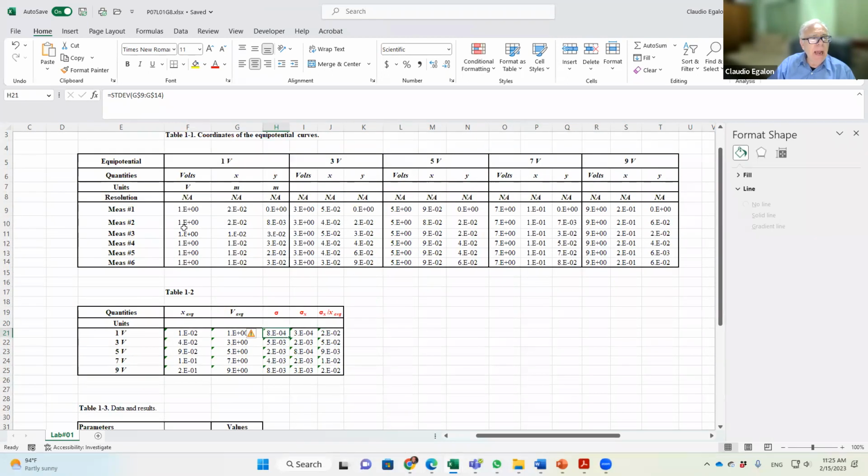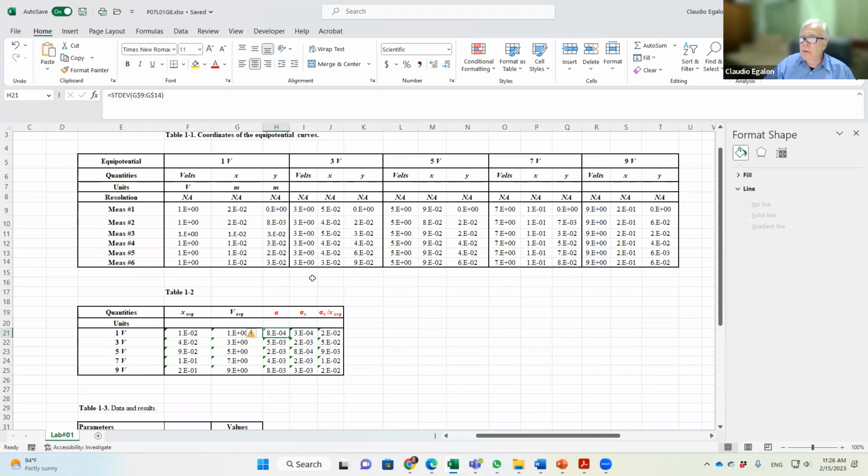What I'm doing here, I'm taking the standard deviation of the X position. In order to know the unit that you are working on, you have to know the equation for the standard deviation.